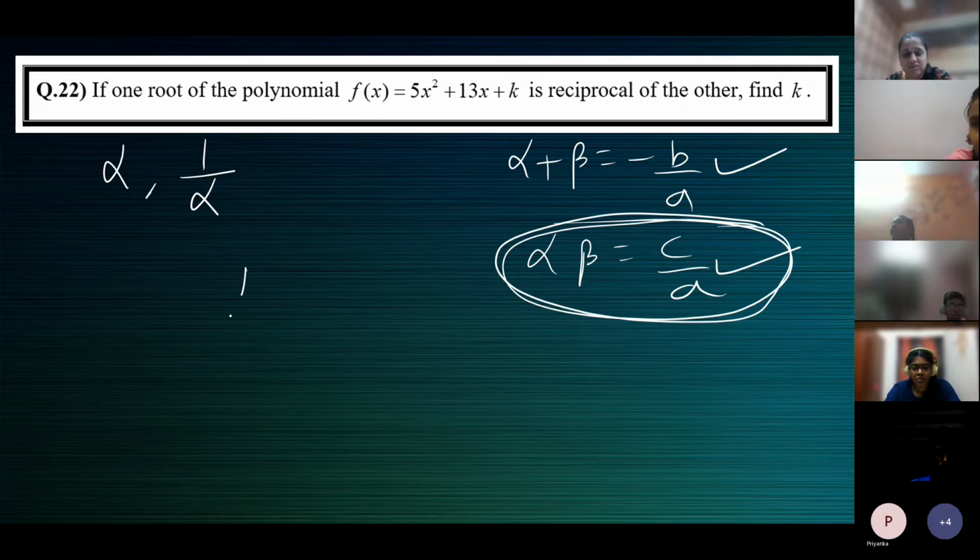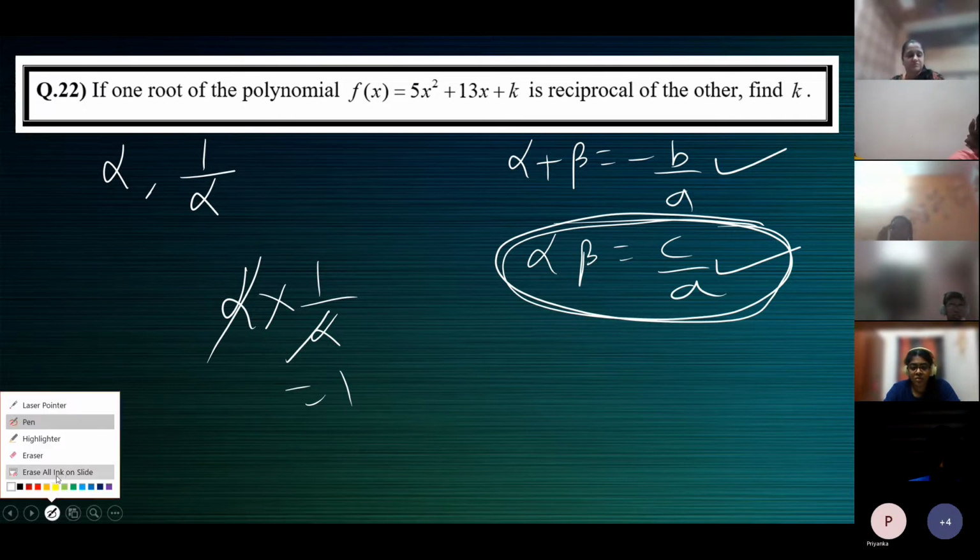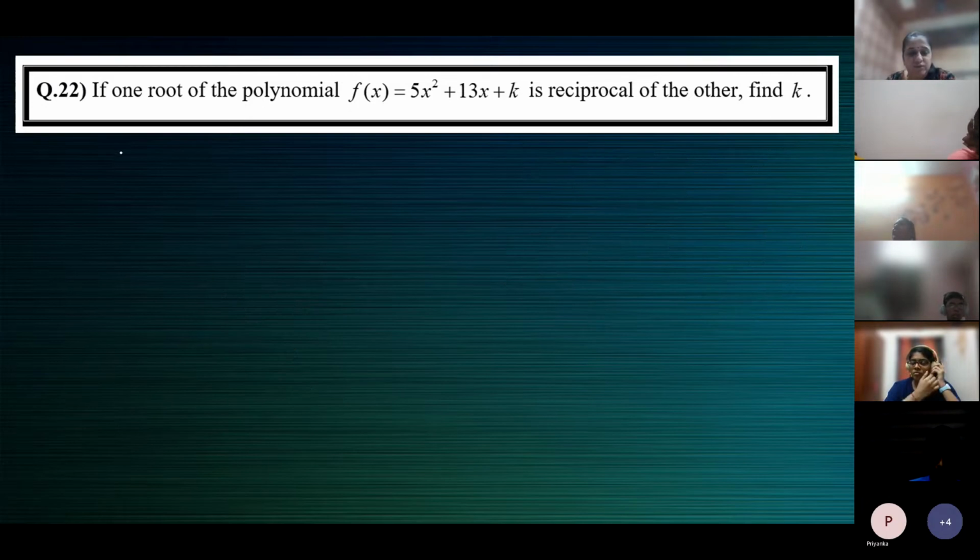Because when the zeros are alpha and 1 by alpha, and when you take their product, they'll get cancelled and you'll get 1. So it's easy to find the value of k. So let me work it for you. Let the zeros be alpha and 1 by alpha. That's the first step.